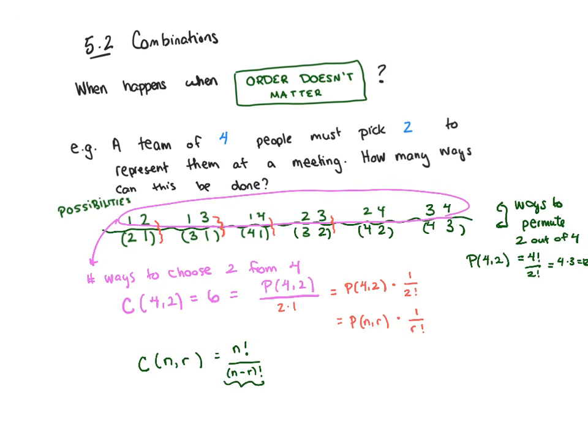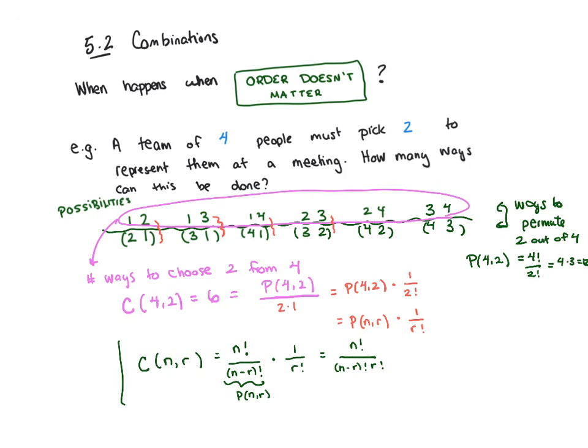That gives me the number of ways to permute them. But then I have to multiply by 1 over r factorial because now order doesn't matter. So I can put that together and I end up with n factorial over n minus r factorial times r factorial.